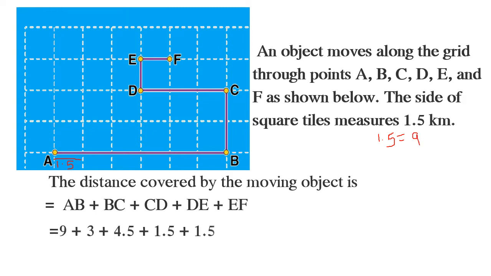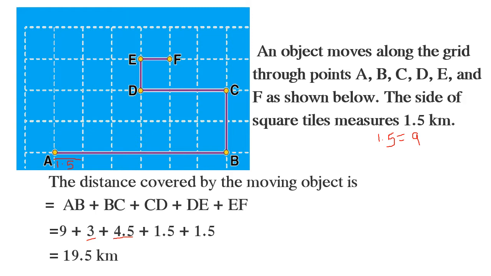So 9 plus BC 1.5 plus 1.5, that is 3. Then this is 1.5, 1.5, 1.5, that is 1.5 into 3, that is 4.5. Then again DE is 1.5 and EF is 1.5. So what is the total? That will be equal to 19.5 kilometer.